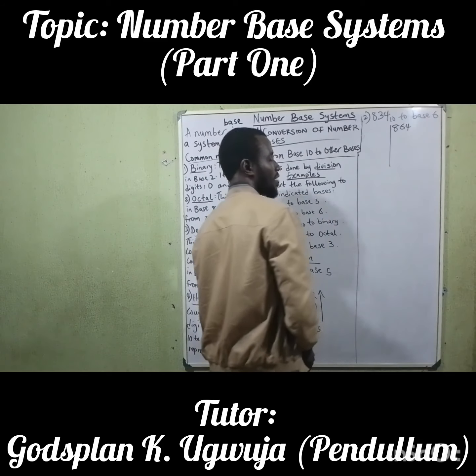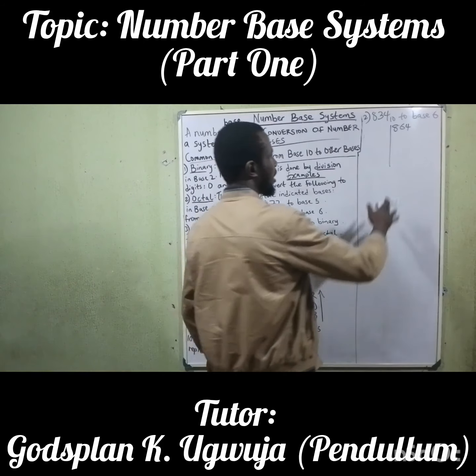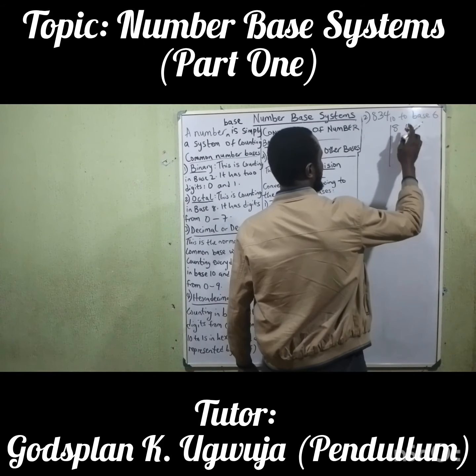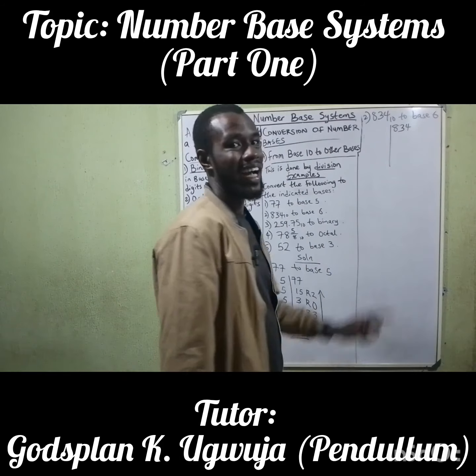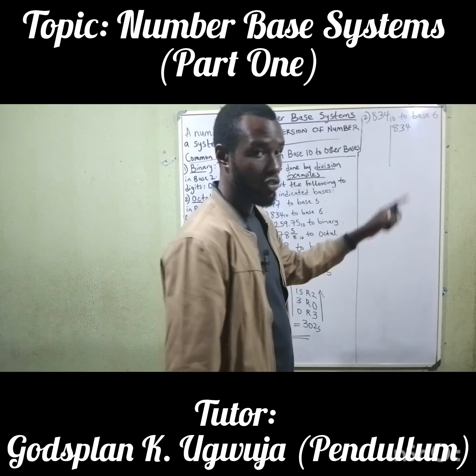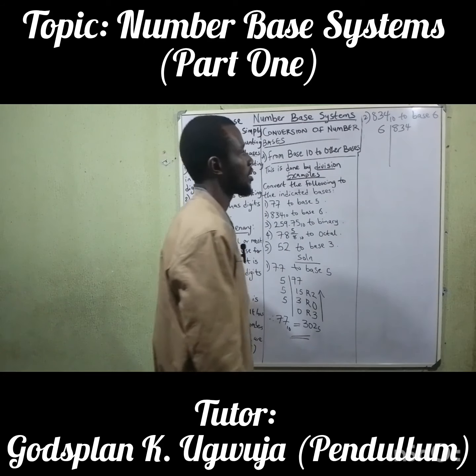Now we are converting to base 6, so we are going to divide 834, not 864. 834, right? We are going to divide it by 6, by the base you are converting to. So let's divide by 6.